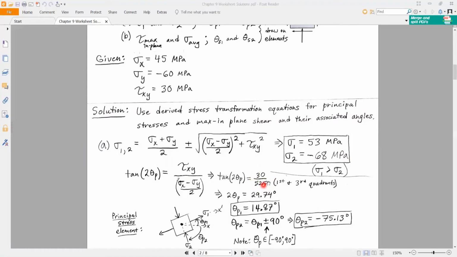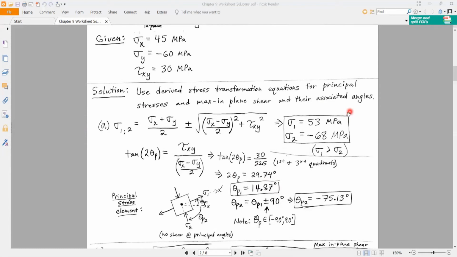Since both of these values are positive, that means our inverse tangent of 2 theta p is going to be in the first and third quadrants, because that's where we have a positive tangent for this 2 theta p. So what we end up getting is 2 theta p equals 29.74 degrees. Divide that by 2, and theta P1 is 14.87 degrees.